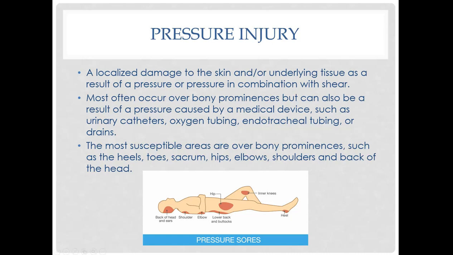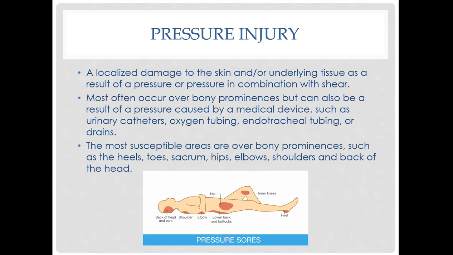Okay, so pressure injuries. This is localized damage to the skin and or underlying tissue as a result of pressure or pressure in combination with shearing forces, so friction. It most often occurs over bony prominences, but can also be a result of pressure caused by a medical device, such as urinary catheters, oxygen tubing, endotracheal tubing, or drains.